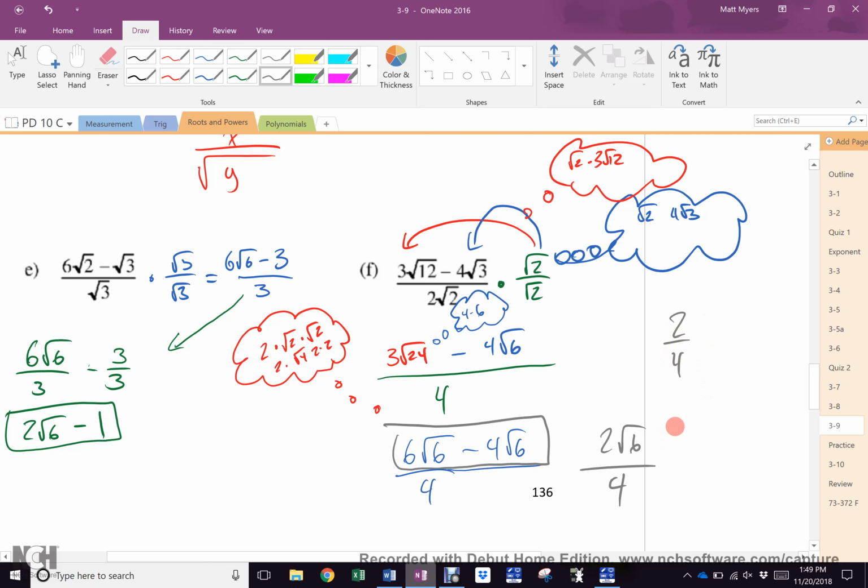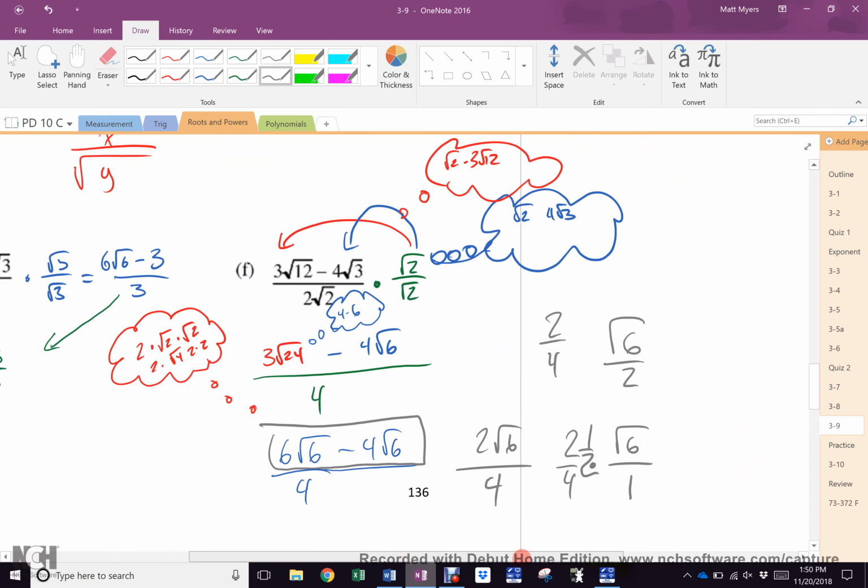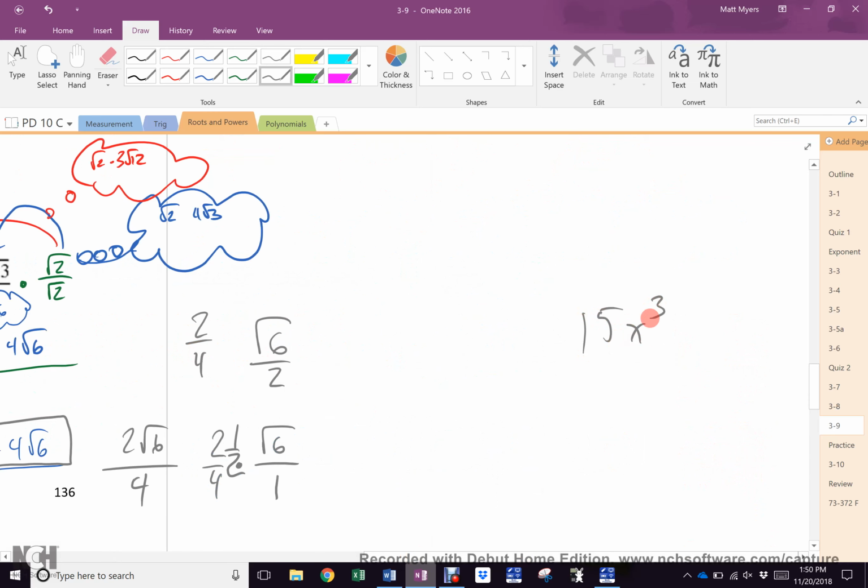So this is 2 over 4 times root 6 over 1. 1 times root 6 is root 6. 2 times 1 is 2. You're just simplifying fractions, just like we did when it was 15x cubed over 5x. You simplify the numbers, 3. Simplify the variables, x squared.